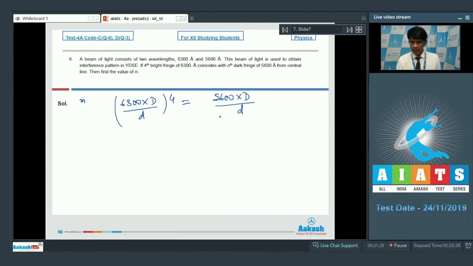So nth dark fringe, that means it will be half of the fringe width, and odd multiple, nth, that means it is 2n minus 1. Fine. Now this 0 will cancel out, and I'm having here 63 into 8 divided by 56 is equal to 2n minus 1.